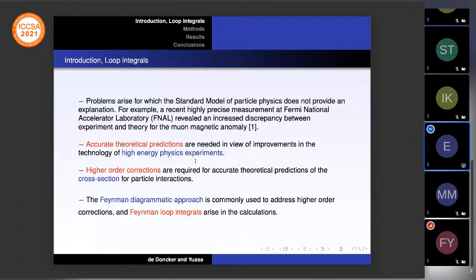We need accurate theoretical predictions in view of improvements in the technology of high-energy physics experiments. And these will give rise to higher-order corrections for the cross-section, for particle interactions. And then the loop integrals come in through the Feynman diagram approach.